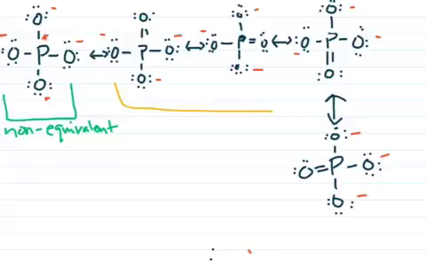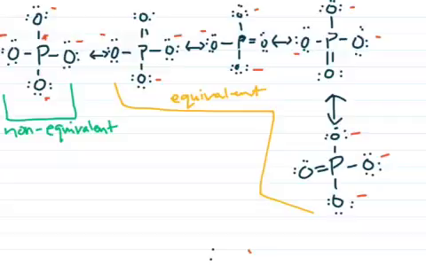While these structures right here, 2, 3, and 4, are going to be completely equivalent resonance structures, because they are the same in everything except for where the double bond is located.